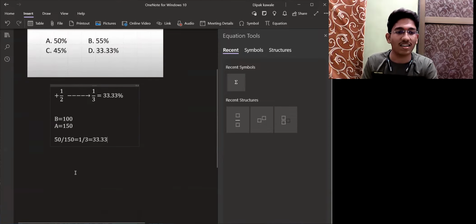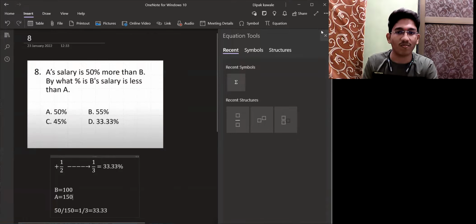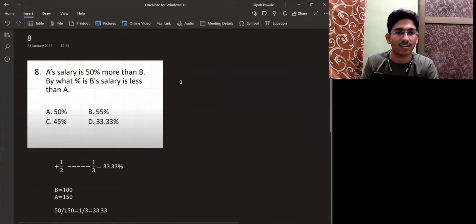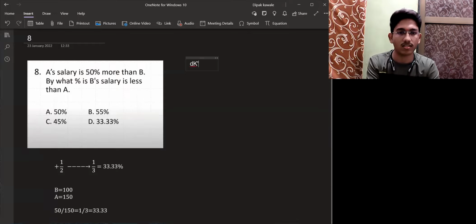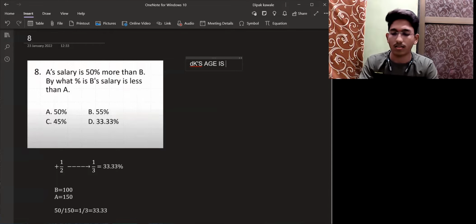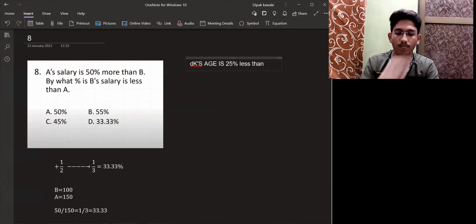Now for assignment, I will give one problem which says that Deepak's age is, let's say, 25% less than Sam's.